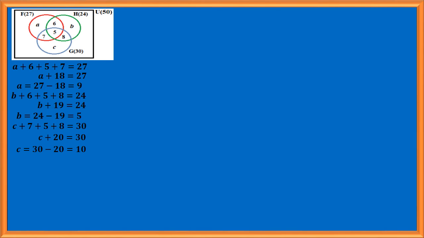To find those who study only one of the three subjects, we are going to add the values of A, B, and C. So we have A plus B plus C, and that will give us 9 plus 5 plus 10, which is equal to 24.